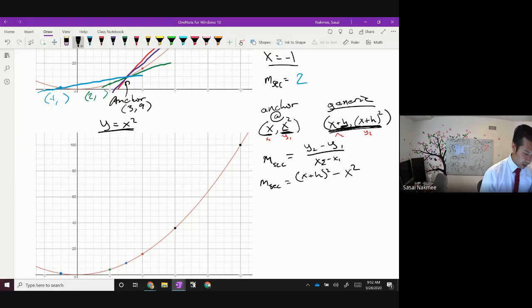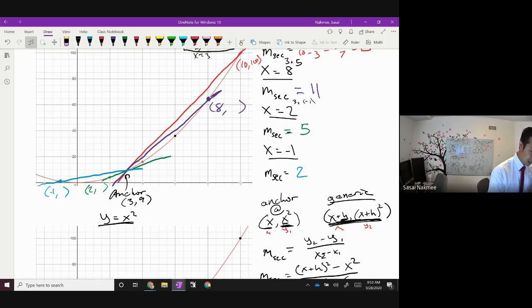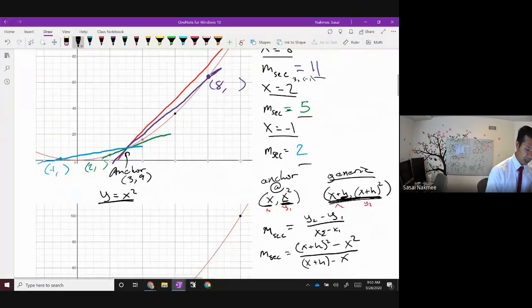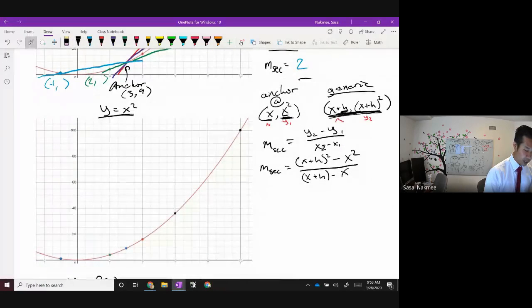This is going to be divided by x2, which is x plus h, minus x1, which is just x. This is all we've been doing for all these calculations up here. When you got 11, when you got 5, when you got 2, you're just plugging in those points, but now I'm doing it for these generic values, okay?